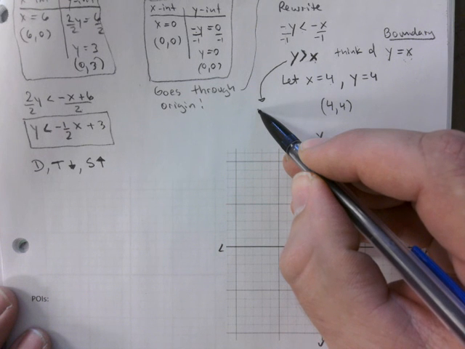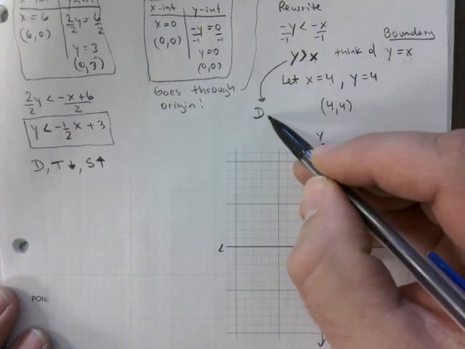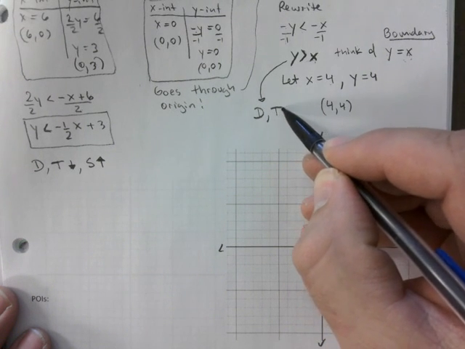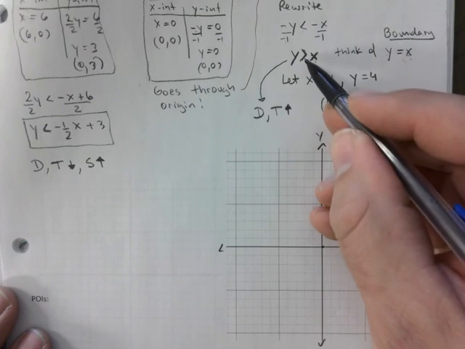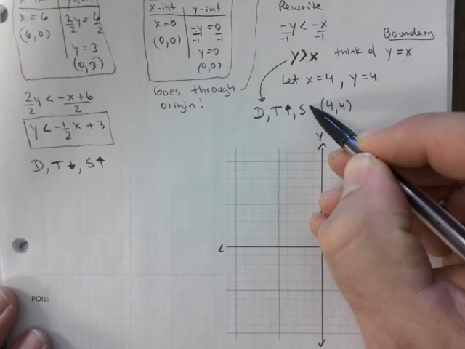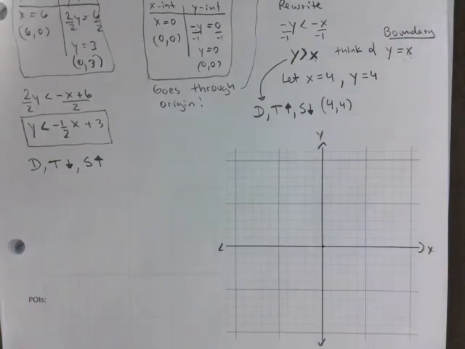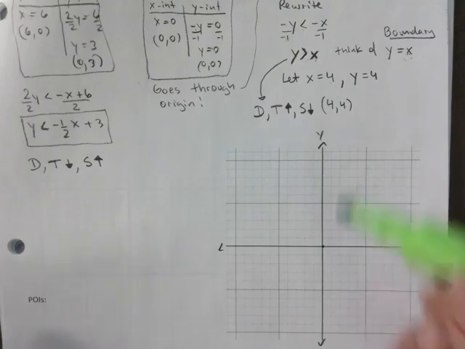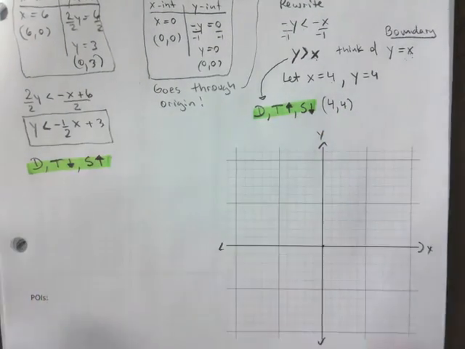Is it going to be dashed or solid? It's going to be dashed, right? The true region is above because it's greater than, and so we're going to shade below. Very important. I skipped. So this is a little different. It's a different scenario, right? But from time to time, you're going to get one of those.